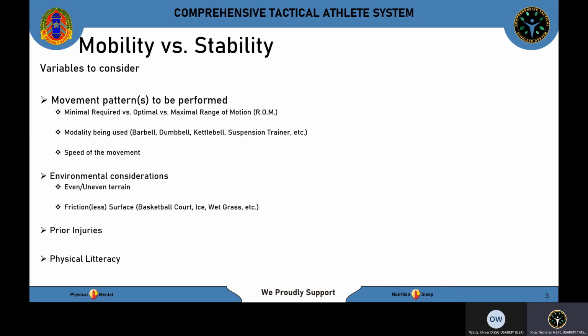Squatting, hinging, lunging, pushing, pulling, climbing, all of the primary physiological movements that every exercise is basically broken down into. When we look at that movement pattern, we need to think, what is the minimal amount of range of motion that may be required for this activity?